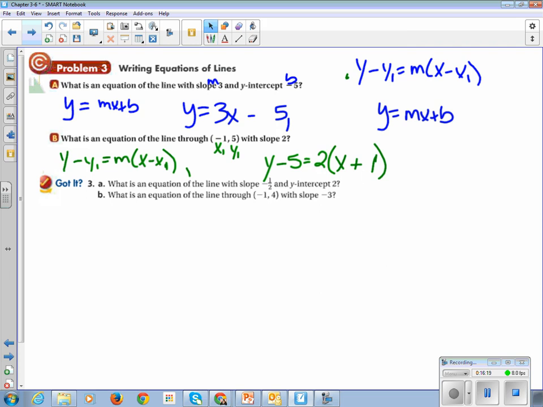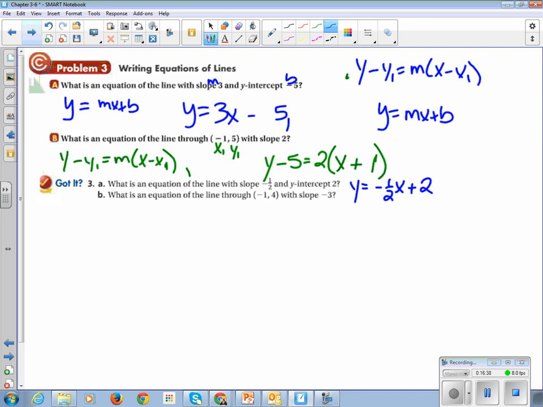We're going to do each of these one more time. In A, it says, what is the equation of a line with slope negative 1/2 and y-intercept 2? So I'm going to go y equals slope times x plus my intercept.